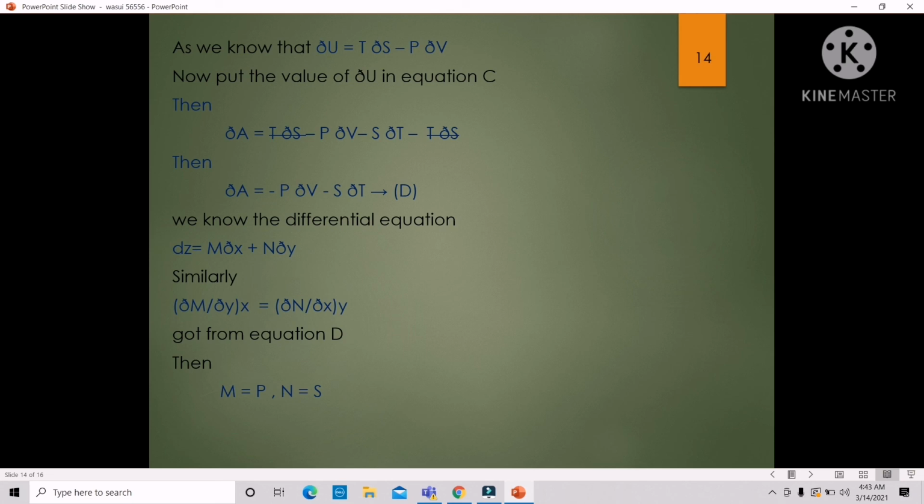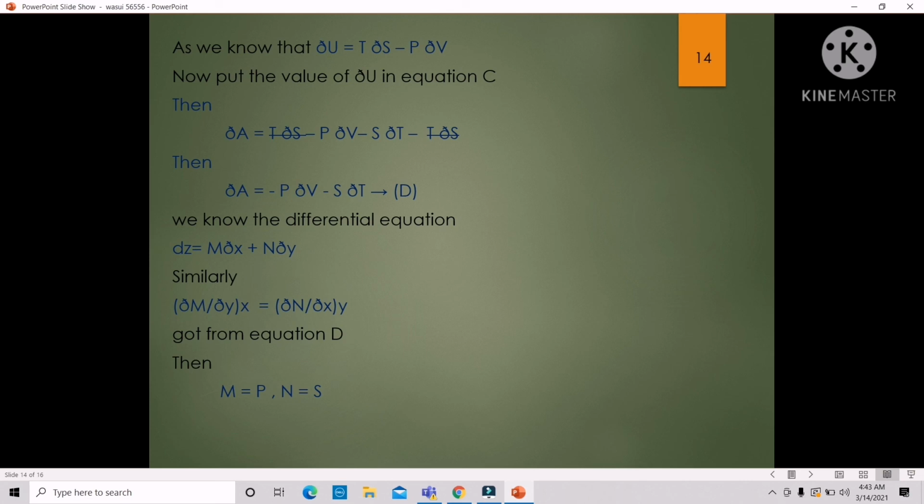Following the fundamentals of differential equations, we have dz equal to m ∂x plus n ∂y. Similarly, we differentiate: ∂m divided by ∂y, keeping x constant, is equal to ∂n divided by ∂x, keeping y constant.